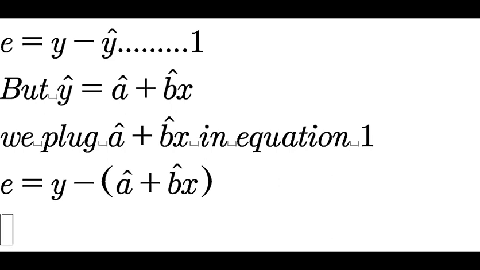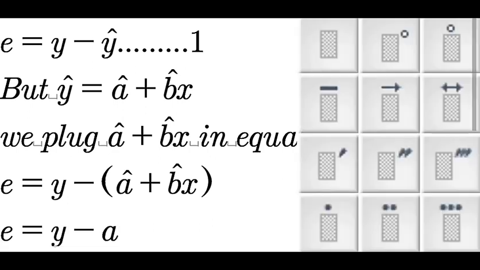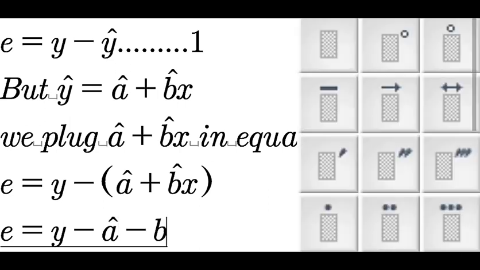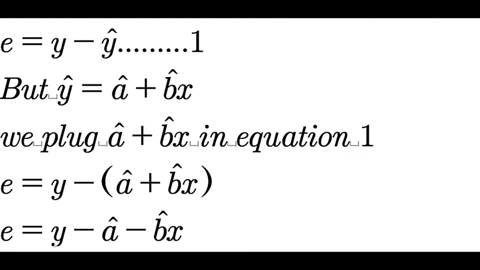We know what our y value means already: the true relationship between the dependent variable y and the independent variable x. Now let us open the bracket of the residual above: e is equal to y minus a hat minus b hat x.